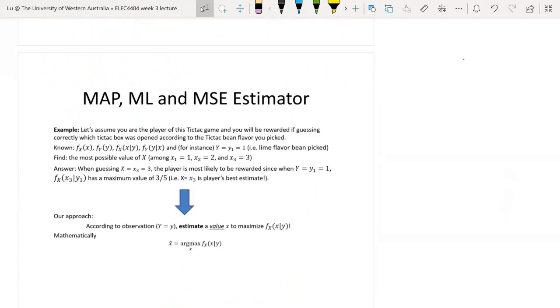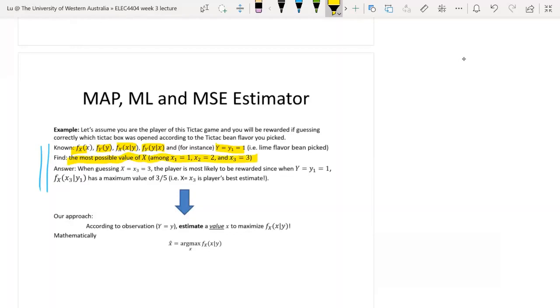Let's assume you are the player of this game. In this part, we want to use the mathematical way to describe this example. So we assume we have already known the marginal PDF or PMF of x and y, respectively. We know the conditional PMF as well. And if you are able to observe the outcome of this game, so y1 equal to 1, we want you to evaluate the possible value of x.